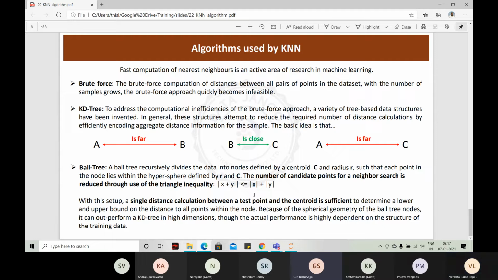This is my understanding, sir. In that case, between A and C, they are trying to conclude, saying that in a triangle kind of thing, because X plus Y, that is the distance between AC, is always less than AB and BC. That's how they're trying to use this particular approach. Let us write it down and try to understand.